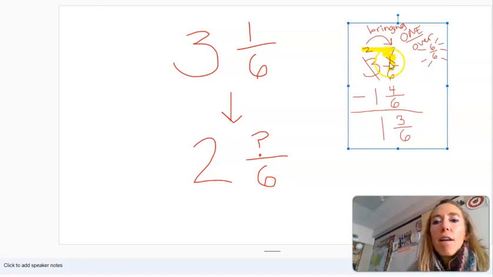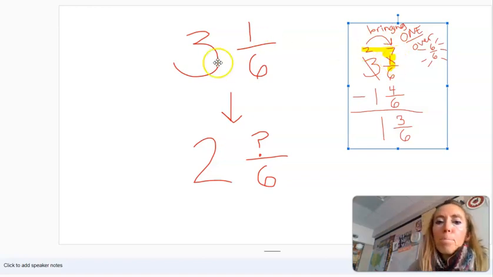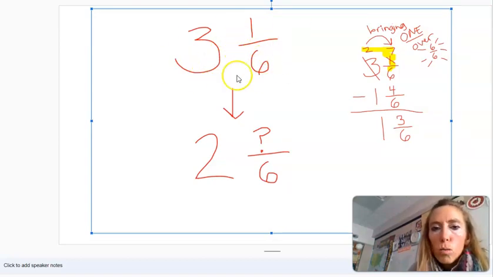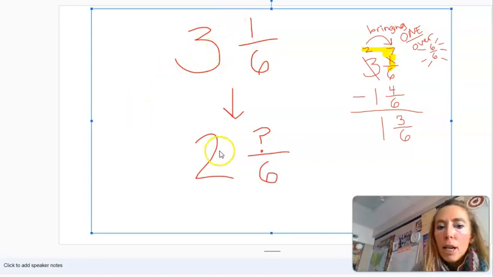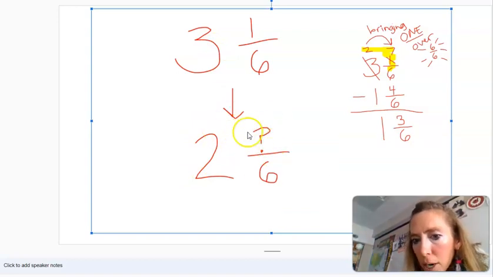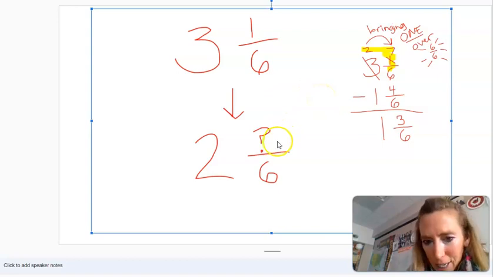So if I have 6 plus another 1, that gives me 7. So in my 3 1/6, when I rewrite that a different way, I'm going to regroup the 3. It becomes a 2. If 3 becomes a 2, I brought 1 over, but the 1 that I brought was 6/6. So what's my top numerator going to be? Not 1 anymore, but 1 plus 6, which is 7.